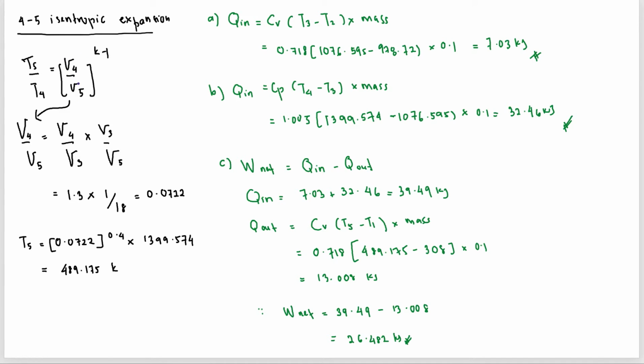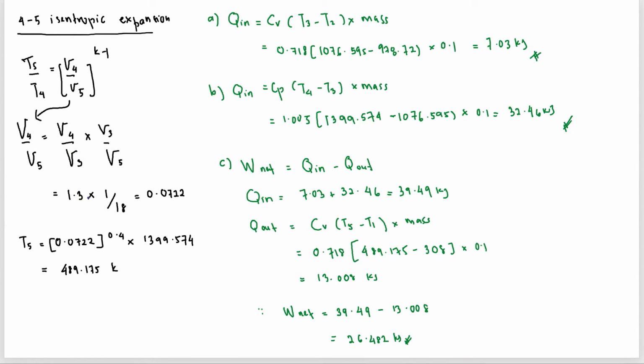To find V4 over V5, I have to modify this equation using the chain rule. V4 over V5 is also equal to V4 over V3 multiplied by V3 over V5.